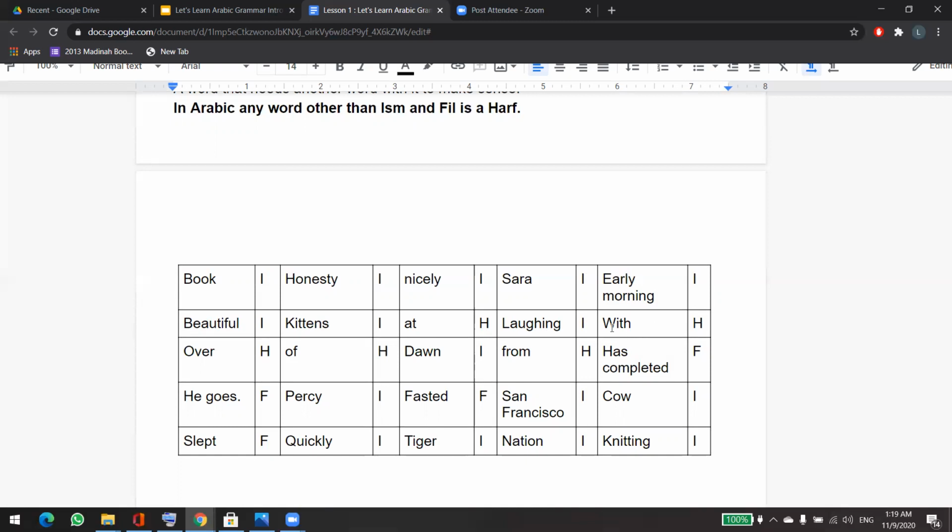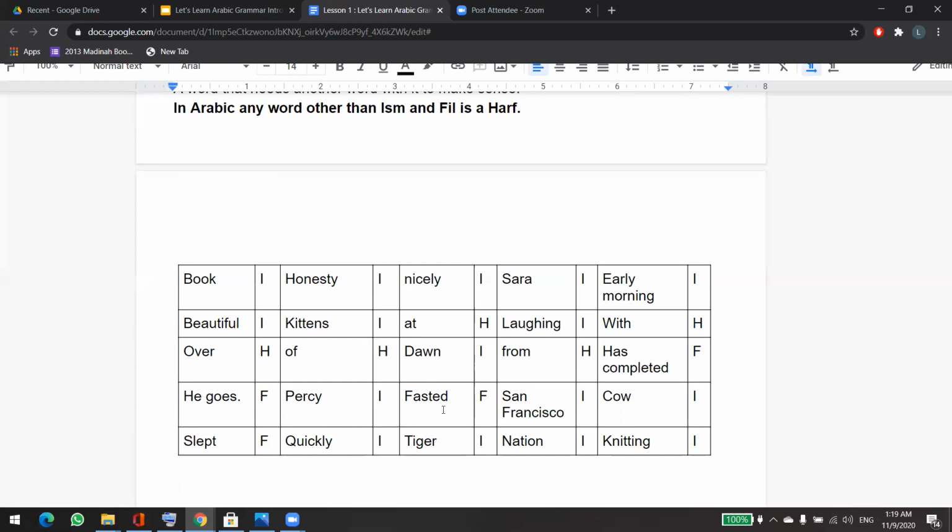Then with. With, again, preposition, harf. Over, harf. Off is a harf. Dawn. Dawn is the name of a particular timing, so it's an ism. From, again, preposition, harf. Has completed. So it's a fail, right? He goes, fail. Percy, ism.